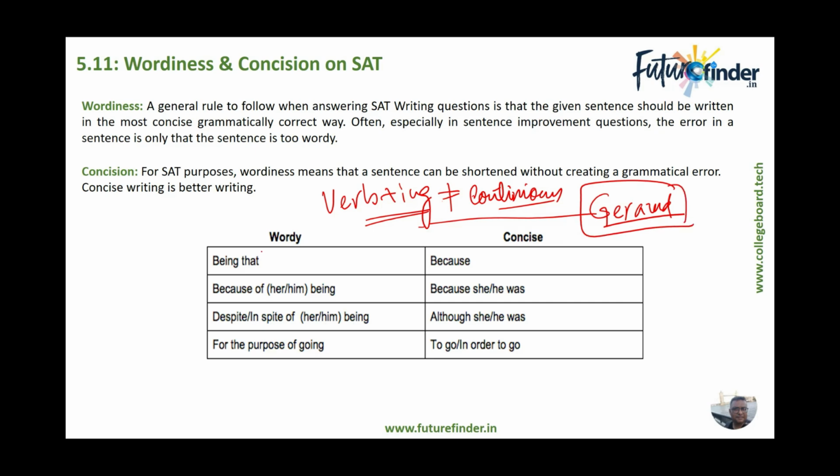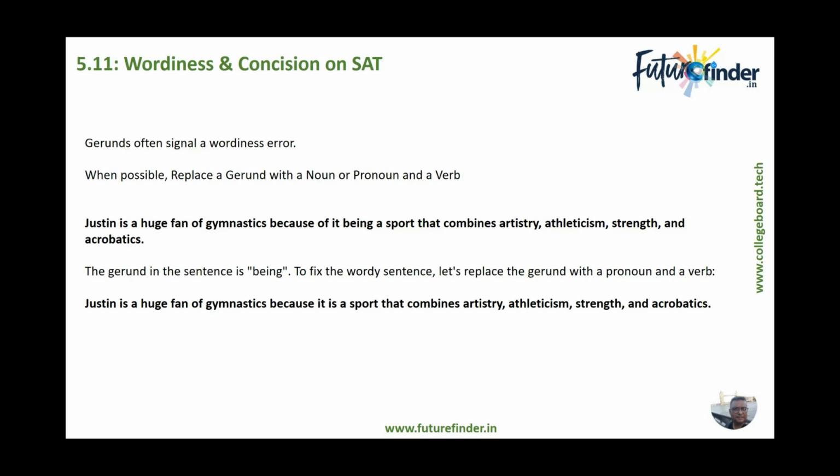So on the SAT, whenever you have words like being, you should be very careful and aware that probably these would not stand as one of the options. Gerunds more often than not signal a wordiness error. Whenever possible, you should replace a gerund with a noun or pronoun and a verb, or replace it by the infinitive form, which is better on the SAT as compared to the gerund form.